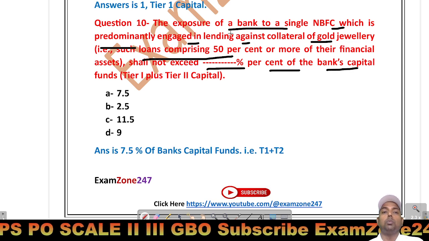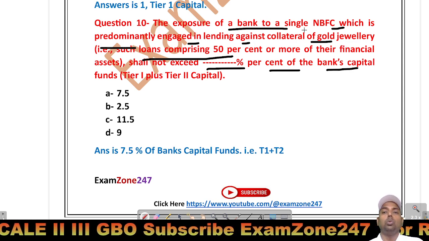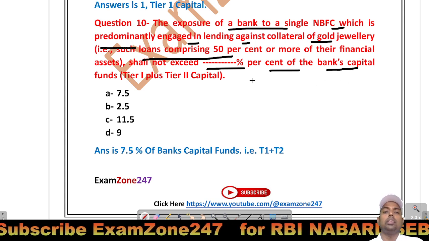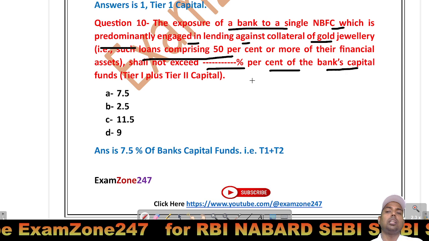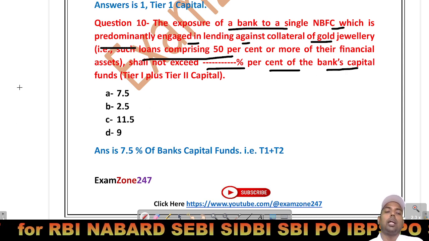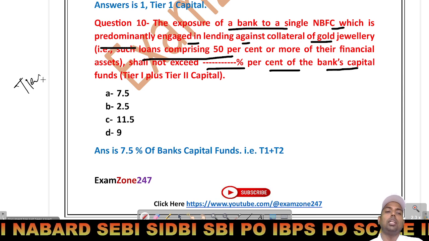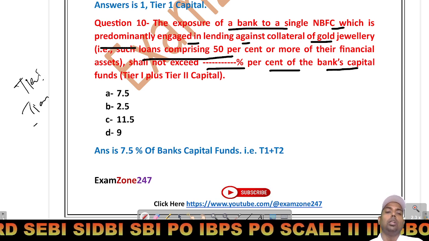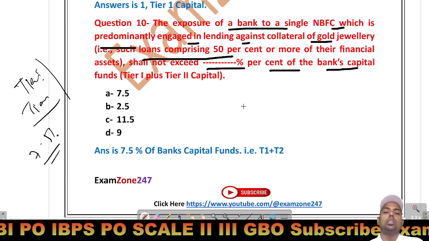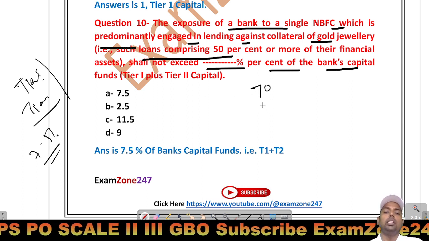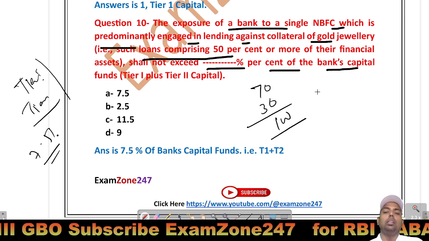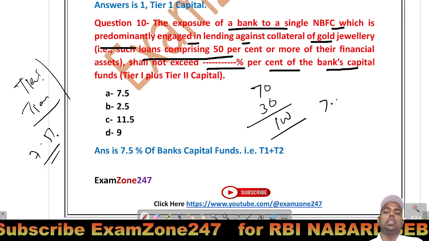Okay, the exposure of a bank to a single NBFC, ठीक है, should not exceed how much percent of bank's capital funds. कैपिटल फंड्स मतलब कैपिटल कहाँ पे आता है? टीयर 1 कैपिटल एंड टीयर 2 कैपिटल दोनों के 7.5% से ज्यादा नहीं. सपोज टीयर 1 कैपिटल इज 70 एंड टीयर 2 इज 30, टोटल इज 100, then 7.5% is 7.5.